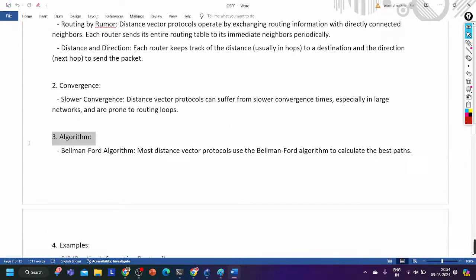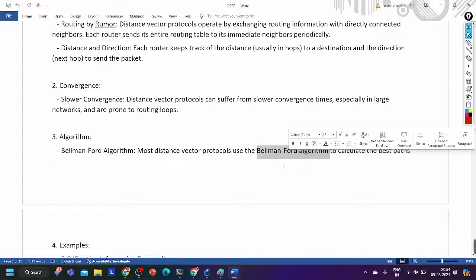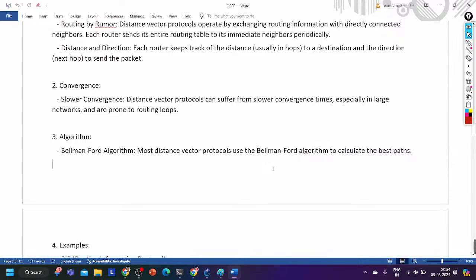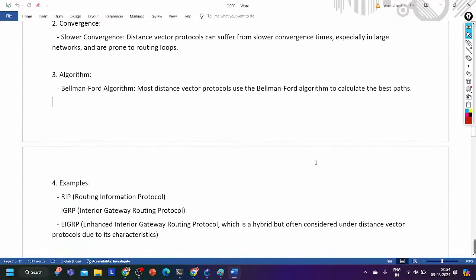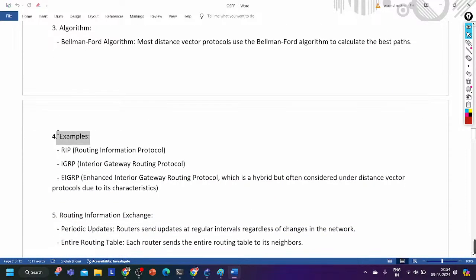If I talk about the algorithm, distance vector routing protocols use the Bellman-Ford algorithm. Most distance vector routing protocols use Bellman-Ford. DUAL is also a type of Bellman-Ford algorithm to calculate the best path. Examples of distance vector routing protocols are RIP and EIGRP. Nowadays we don't use some of these protocols, but earlier, guys, we had RIP, IGRP, and EIGRP.